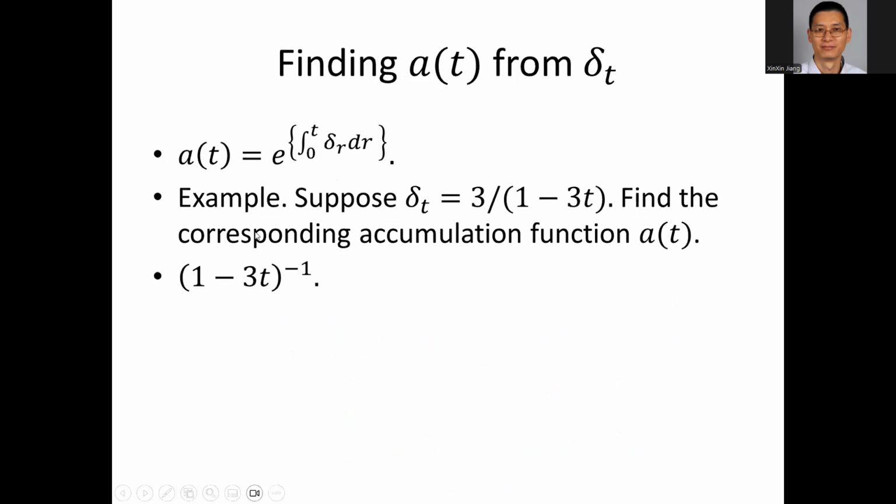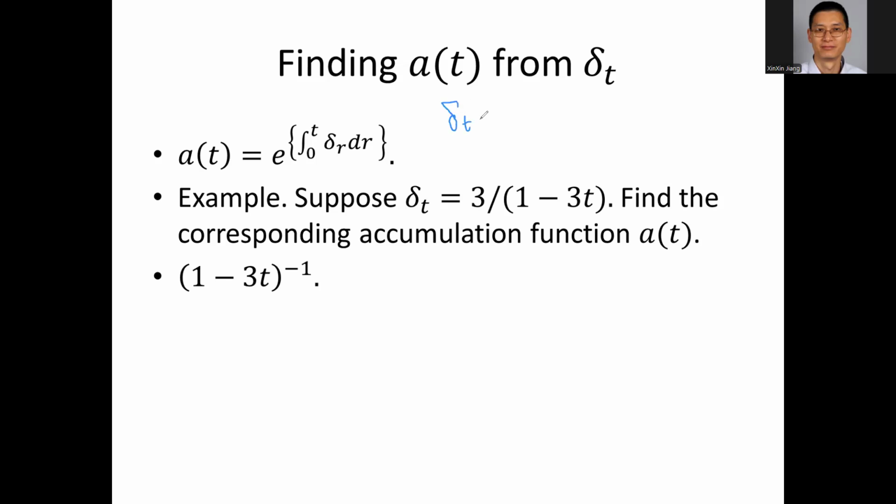All right. So in the previous slides, we talked about how to get delta t from a of t. So you know a of t, the accumulation function, you take a log, differentiate, and you get delta t. Okay, so how to get a of t from delta t? You literally solve the differential equation.